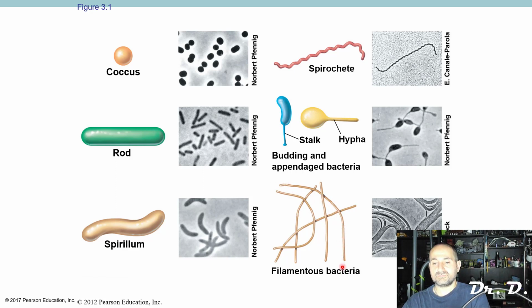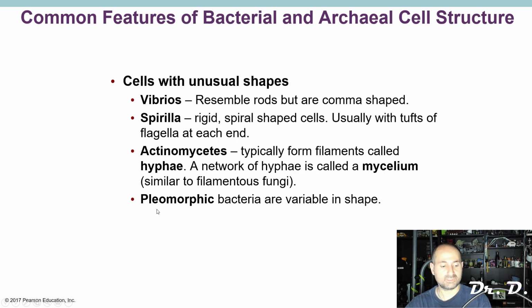But you know how mold grows with hyphal shaped, this elongated cell shape? These bacteria grow kind of like mold in that they have elongated cells. And what is the term for a bacteria that does not have a particular cell shape? Do you remember that? That's called pleomorphic.